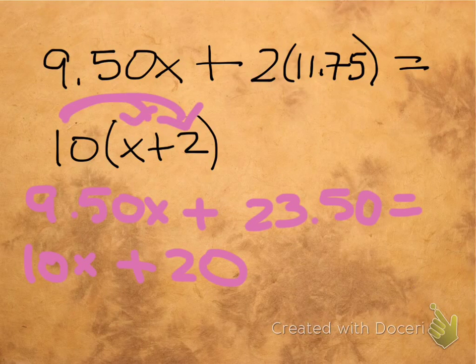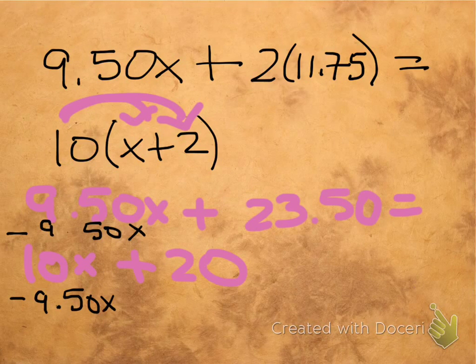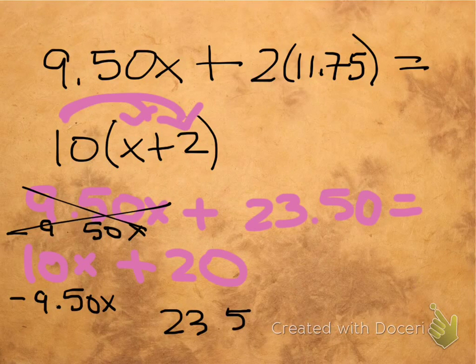Now I need to combine the like terms across the equal sign. I'm going to take the 9.50x and bring that over to be with the 10x by subtracting it. That cancels it out on the left side. On the right side, I now have $23.50 on the left side equals 10x minus 9.5x, which gives me just 0.5x, plus 20 on the right side.